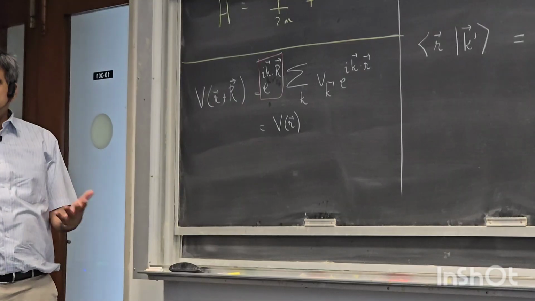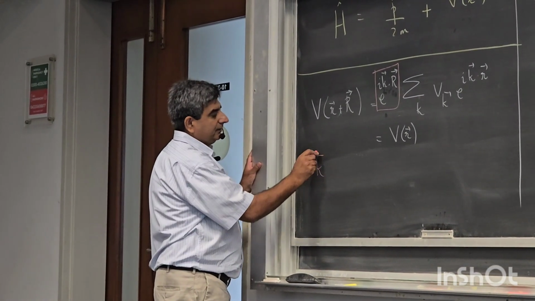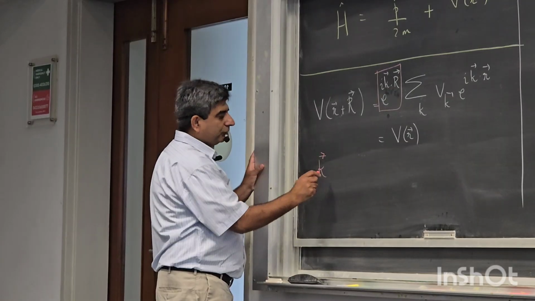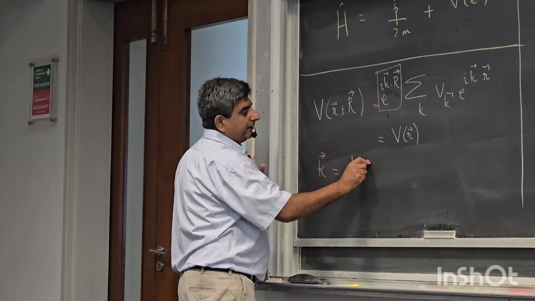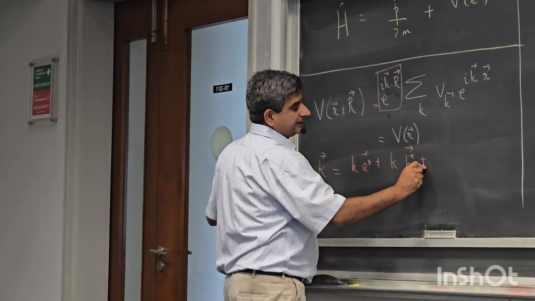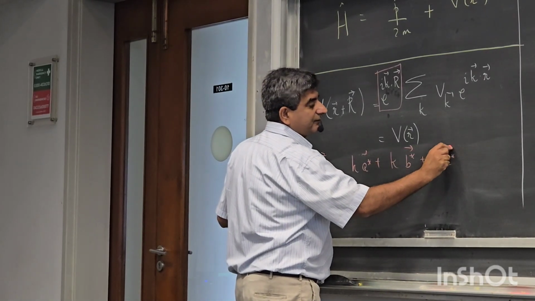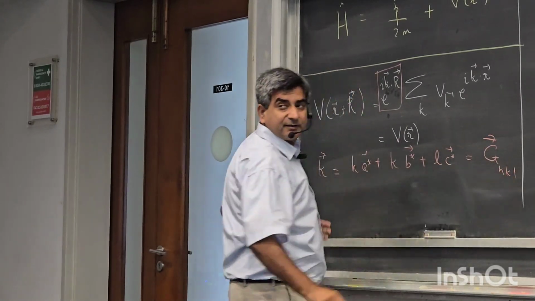Reciprocal. So k must be a reciprocal lattice vector, some h a star plus k b star plus l c star, or some reciprocal lattice vector hkl, correct?